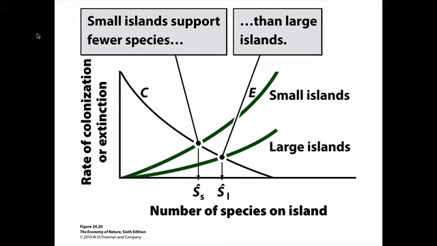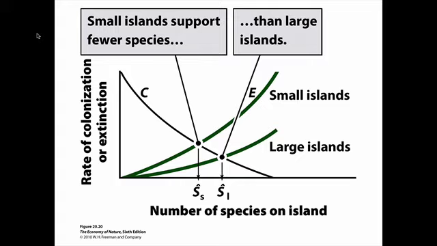So colonists get out to these islands at the same rate. So the colonization rate is the same. The arrival of new species is identical on these two islands. However, the large island supports larger populations, so the extinction rate is relatively low. The small island supports small populations, and the extinction rate is high.